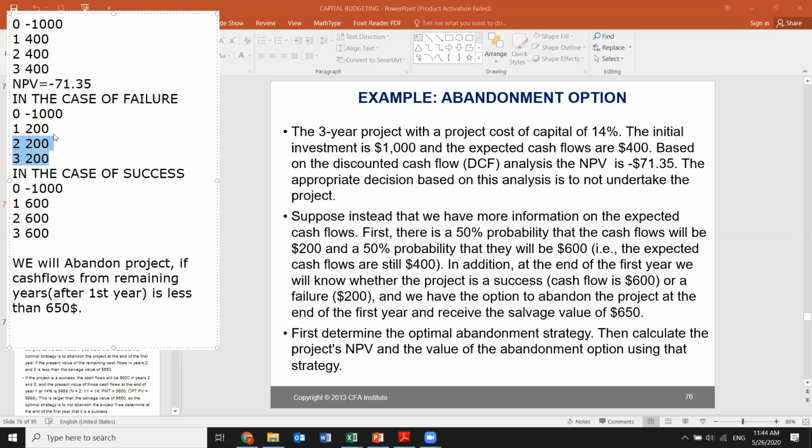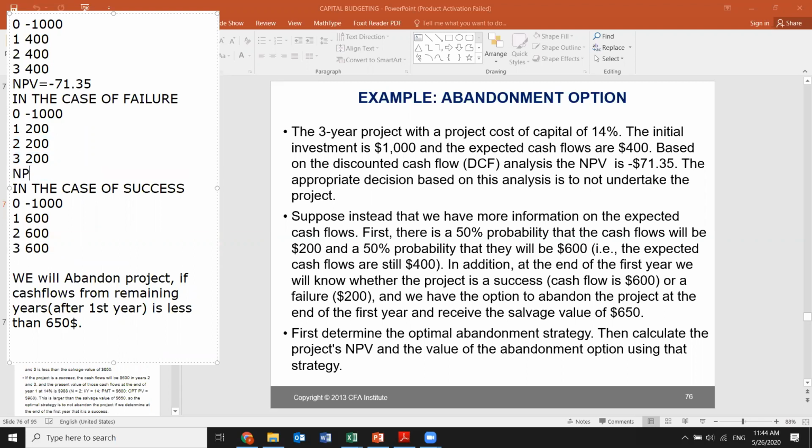So let's do it. NPV 1. I'm putting 1 because we are bringing the present value of cash flows to the year 1, not to the year 0. This is NPV 0. We are bringing all cash flows to the year 0. Now NPV year 1. So what we do, we take the present value of this 200. Discount rate is 14%, which is 200 divided by 1.14, to the power of how many years? 1, 2, to the power 2.